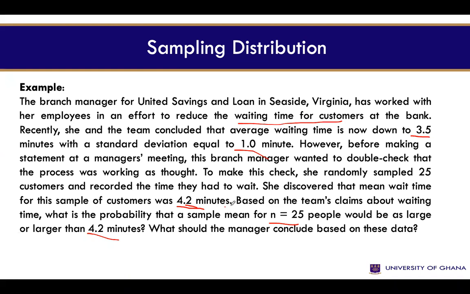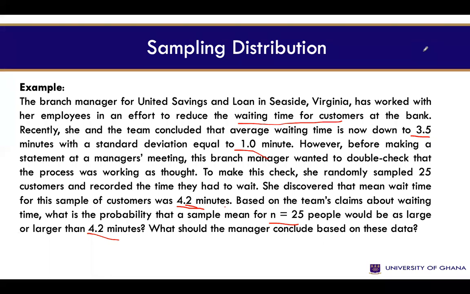Yes, please. From the question, they first sampled 25 customers and they had the 4.2 minutes. So is the question asking if we'll get more than 4.2 if we sample another 25?